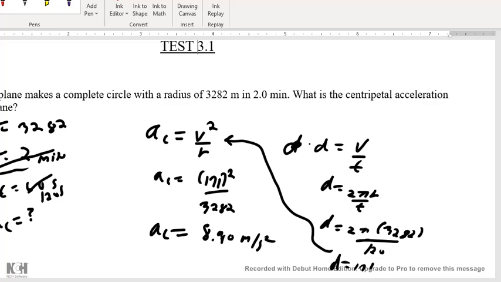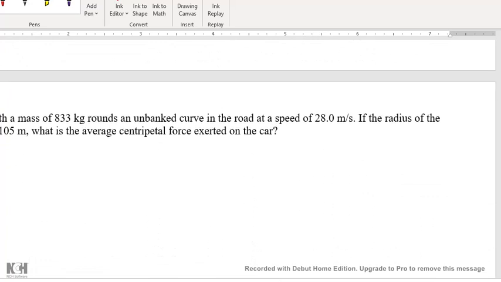That's number one. Number two, the car's mass. You are smart enough to know that you've got to write M equals 833. Speed, which is V, is 28. Radius is 105. What is the centripetal force? FC equals what? Question mark. So you've got to show that.